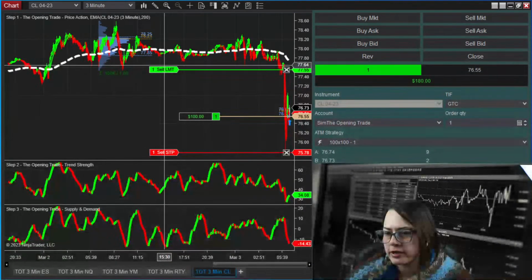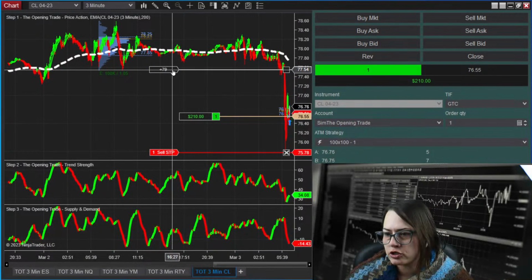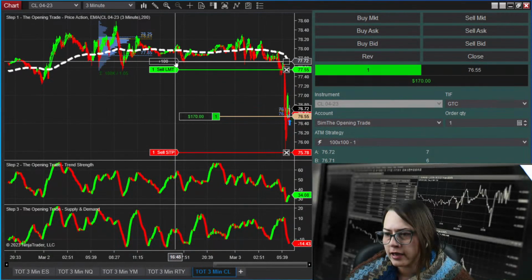Excuse me. All right, so now we're going to take the green line and we're going to move it to the 200 period average. So I'm going to move it to right there.